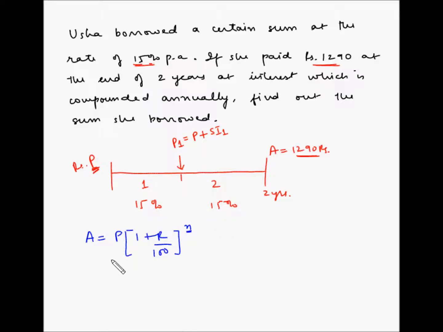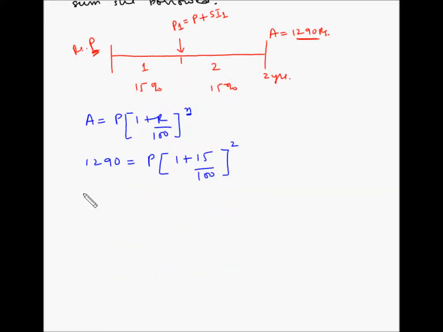So let's replace all that we know here. The amount A is 1290. So 1290 is equal to P multiplied by 1 plus R, which is 15, divided by 100 and to the power of 2, because there are 2 years.